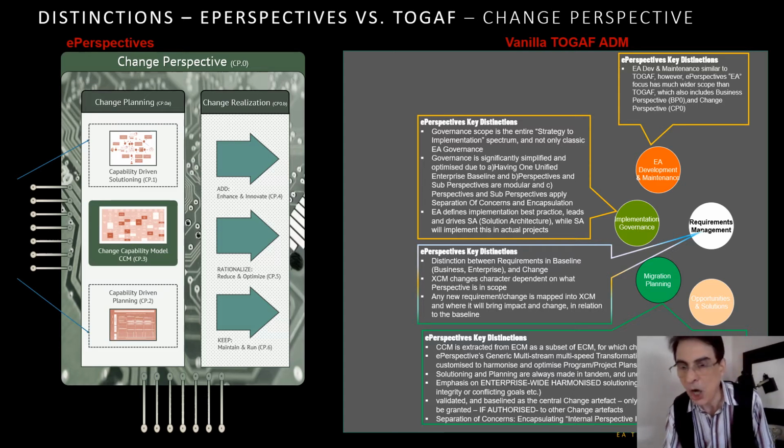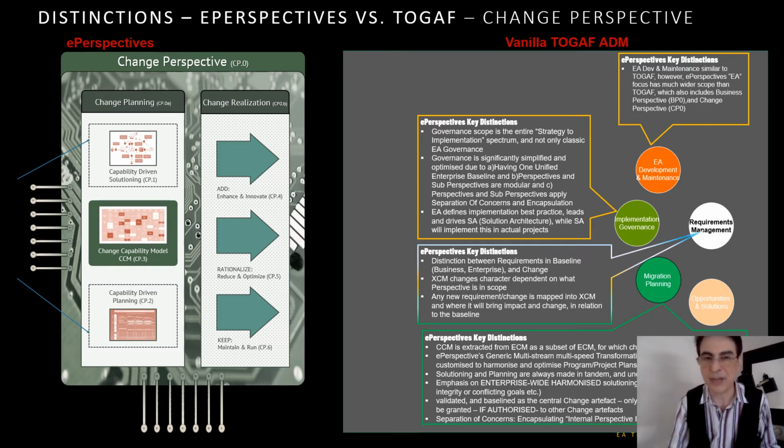So on the change perspective, we look at the sub-perspective of change planning, which you see in TOGAF as opportunities and solutions and migration planning. If you look at opportunities and solutions, we just looked at ECM, or enterprise capability model, which is really our enterprise baseline. We look at that, we exercise heat mapping, we do a thorough analysis and assessment, and identify where our priorities lie and where our constraints lie, based on a 360-degree fact-based single version of truth analysis.